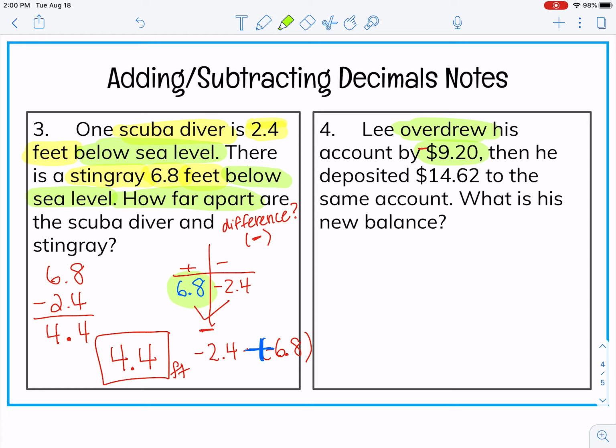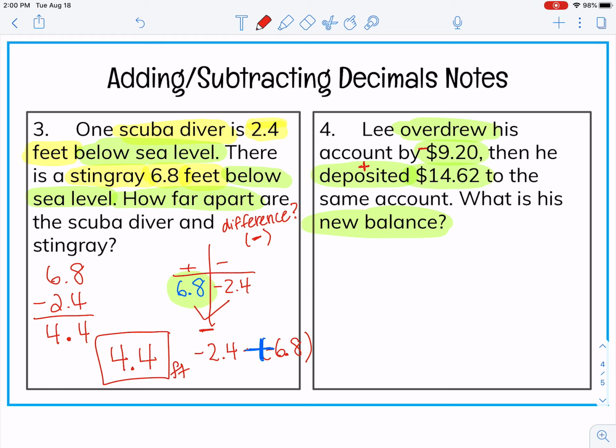Then he deposited, that's another keyword, and that means putting money into the account. So that's going to add money to his account, and the amount he did that was $14.62. Now we're looking for his new balance.